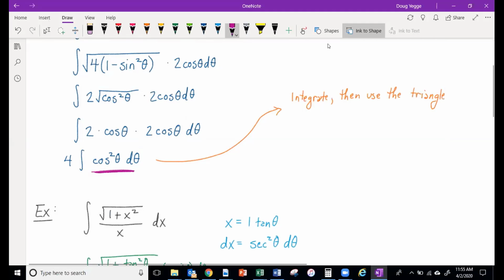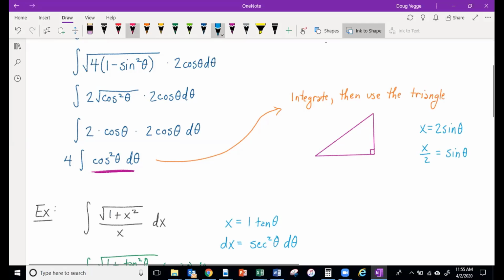Okay, the triangle would just be based off of the fact that x was equal to 2 sine theta. So we said that x was 2 sine theta, which means x over 2 is sine theta.